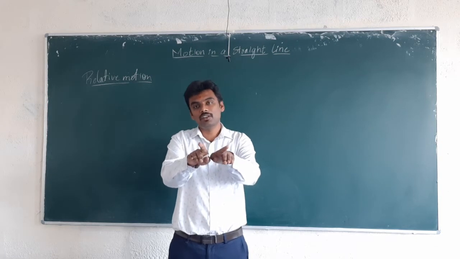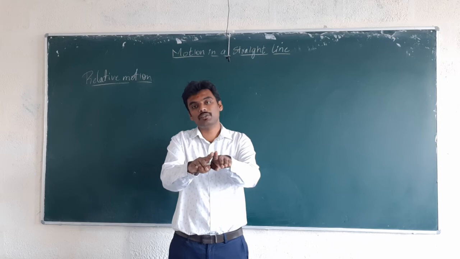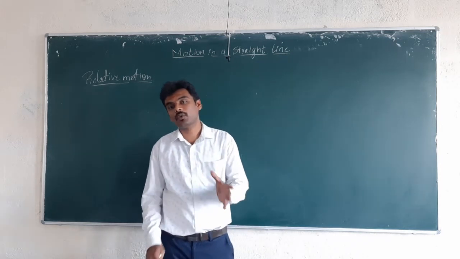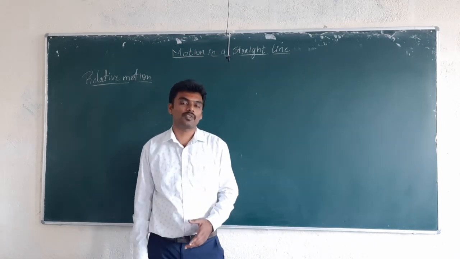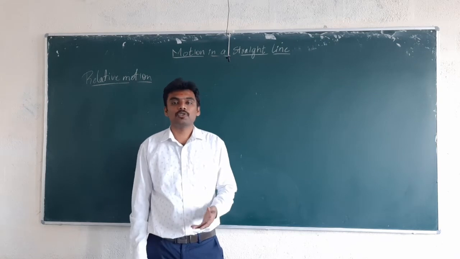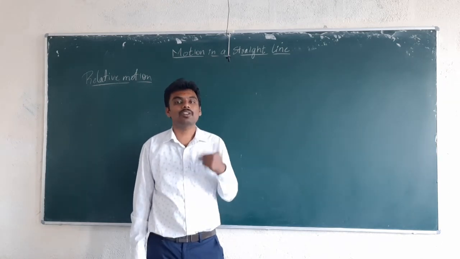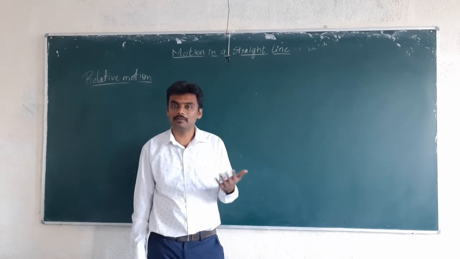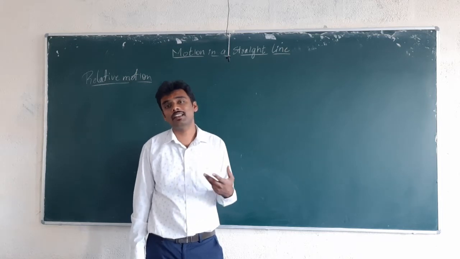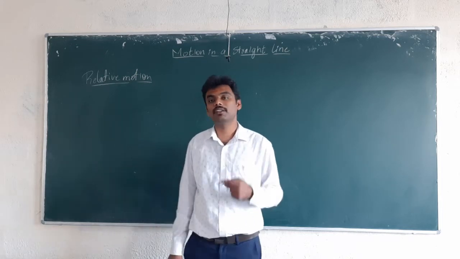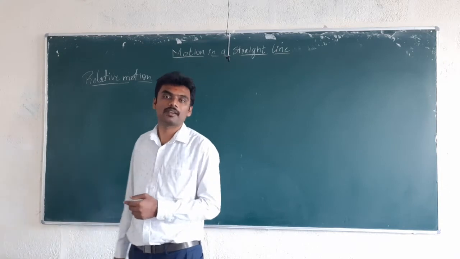So relatively both of you are at rest, right? So this is what is called relative motion. When I say relative motion, it is about more than one body in motion. Generally we will be considering two bodies in motion.